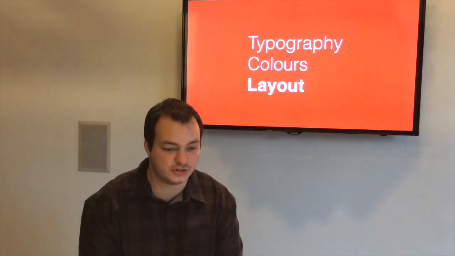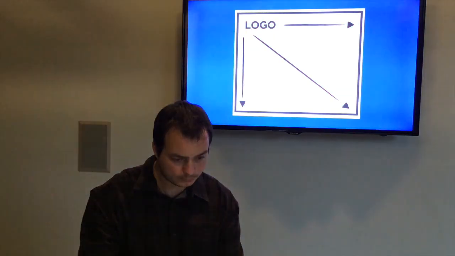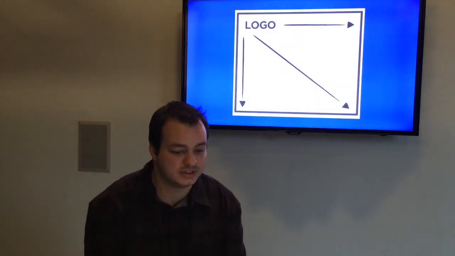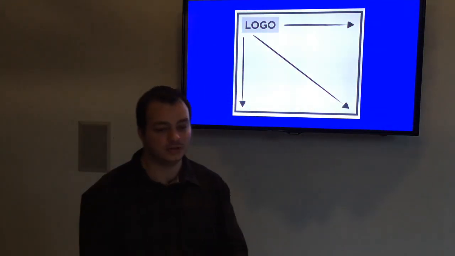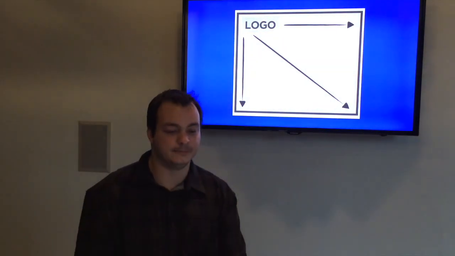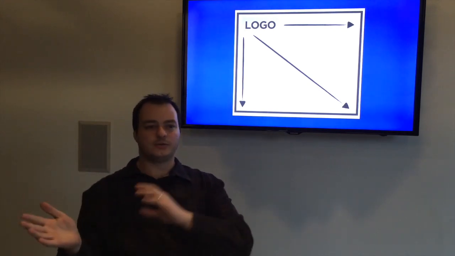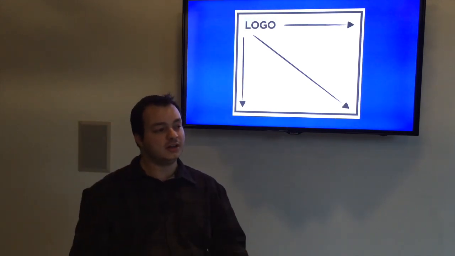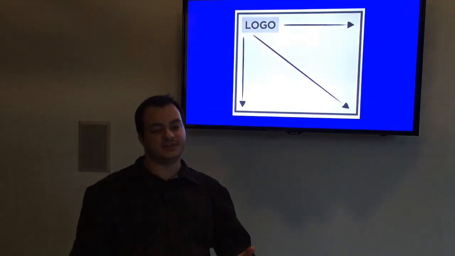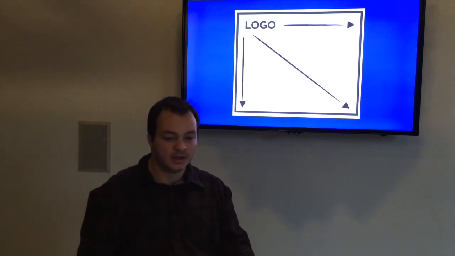To finish, I will talk a little bit about layout. Start with placing the logo at the beginning. As in English we read from left to right, from top to bottom, the ideal is to put the logo at the very beginning, in the left and the top.